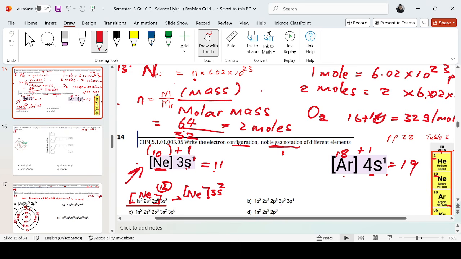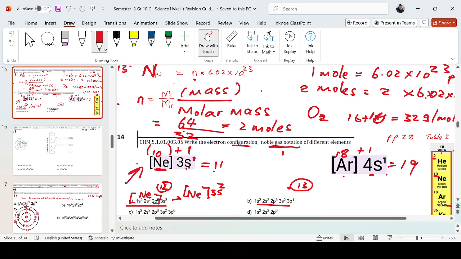Let's come to this one. The rest you will do on your own. First, let's count how many electrons. 1, 3, plus the 10 is 13. Here is 13 electrons. Let me cross check: 6, 8, 10, 11, 12, 13. Yes. So 13, I cannot take argon because argon is 18.